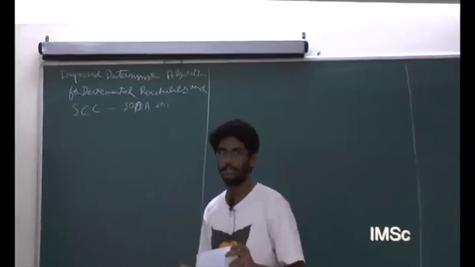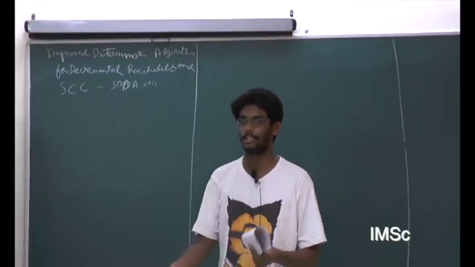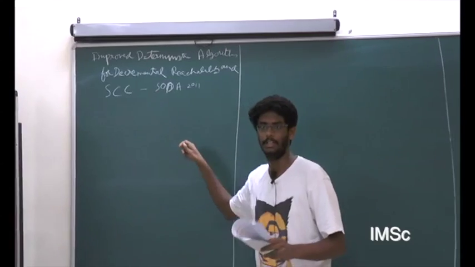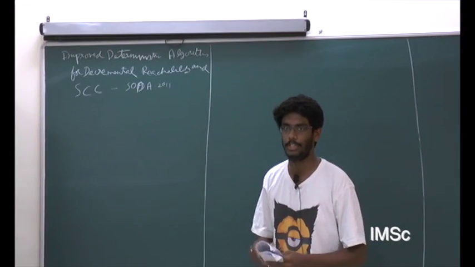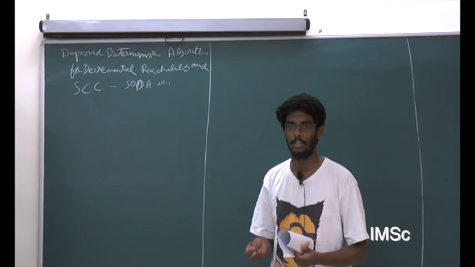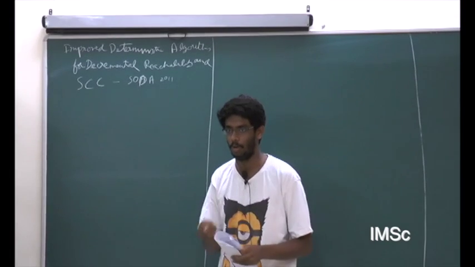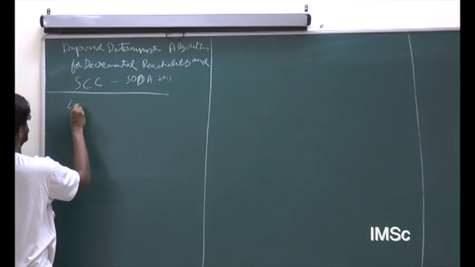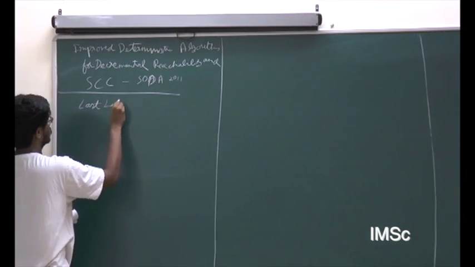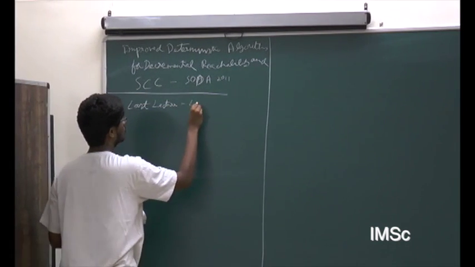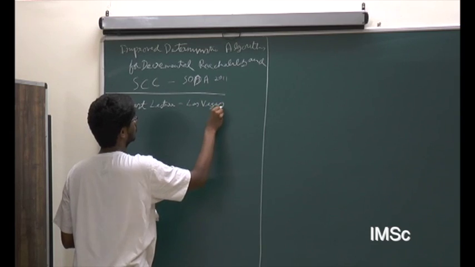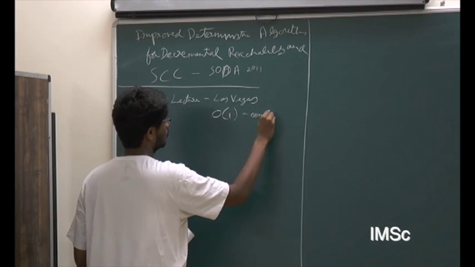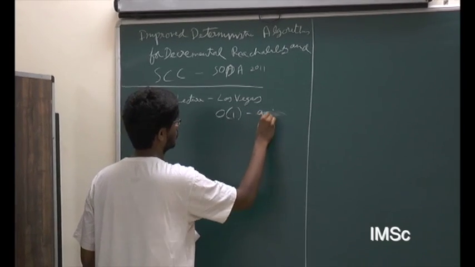Today we'll be looking at this paper. Just to recap, last class, Shayan did the same thing. We did decremental reachability, with a randomized Las Vegas algorithm which had a total update time of O of mn, and a constant query time.